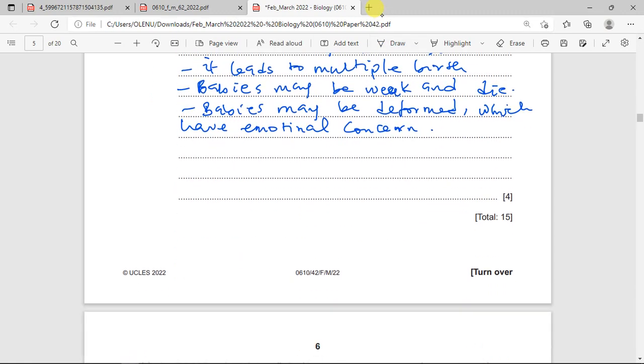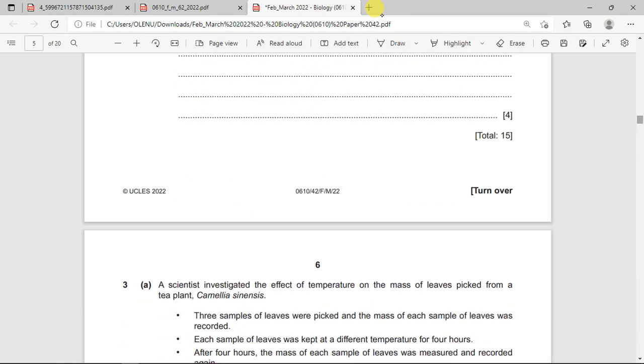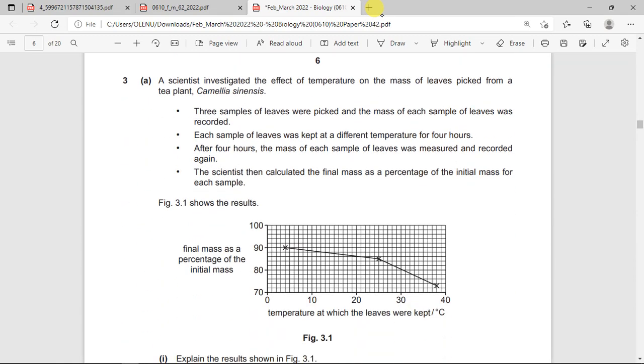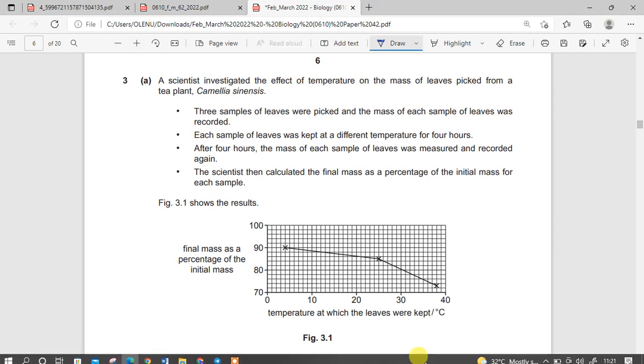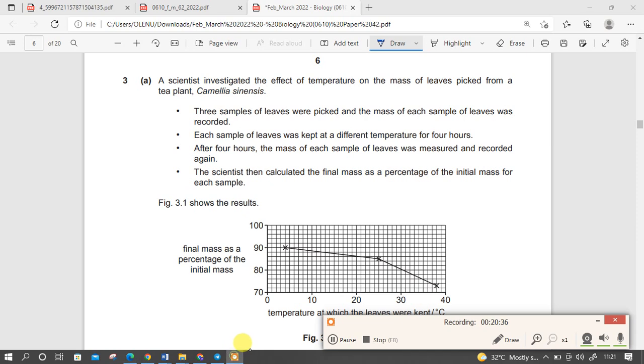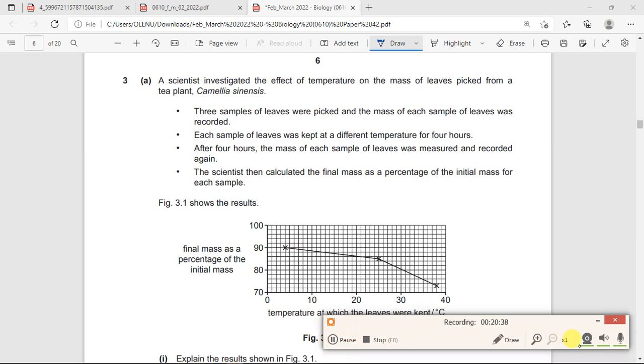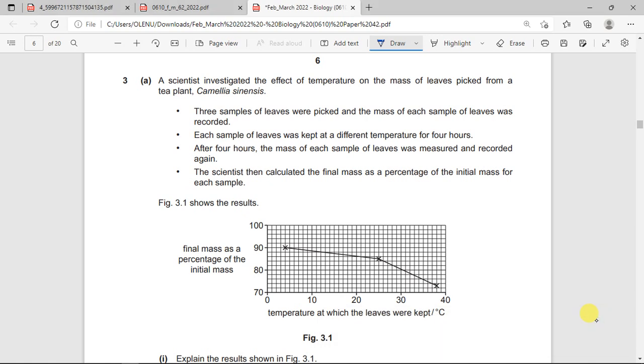So the next question is question number 3. A scientist investigated the effect of temperature on the mass of leaf picked from a tea plant.